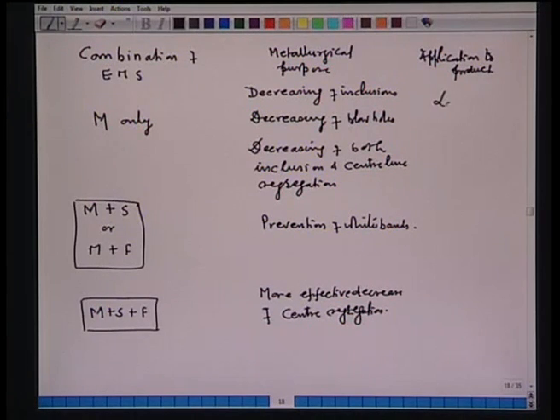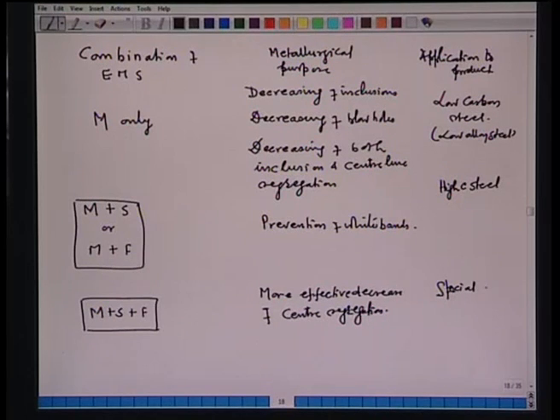Steel, for example, low carbon steel, including low alloy steel also. Then high carbon steel, including low alloy and spring steel, and special high quality carbon steel.